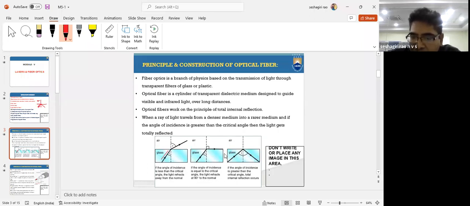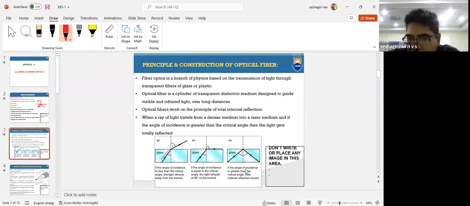If you see the third figure, we have the rarer medium and the denser medium. This is glass and this is air, right? The angle of incidence is greater than the critical angle. Here the refracted angle was 90 degrees at the critical angle, so here it is beyond the critical angle.